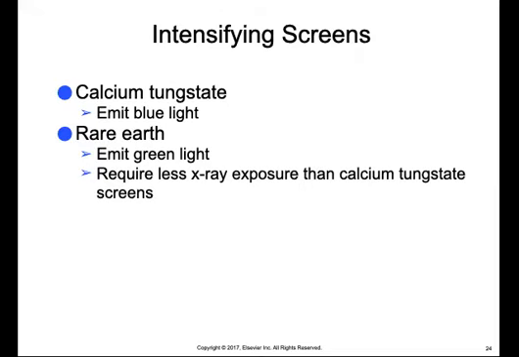Calcium tungstate screens emit blue light, and the rare earth screens emit green light. Rare earth screens require less X-ray exposure than do calcium tungstate screens and are considered faster. So therefore, rare earth screens are recommended in panoramic imaging because of less radiation exposure to the patient.